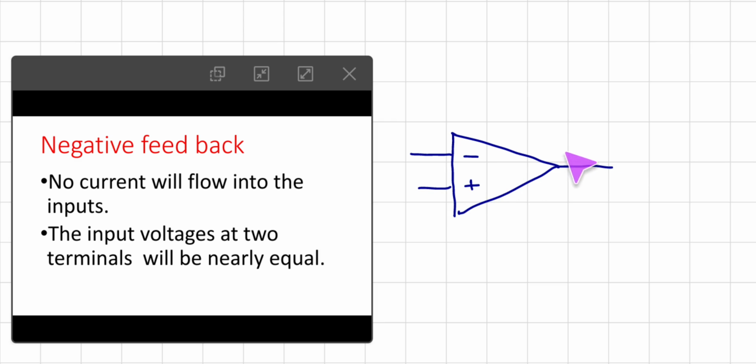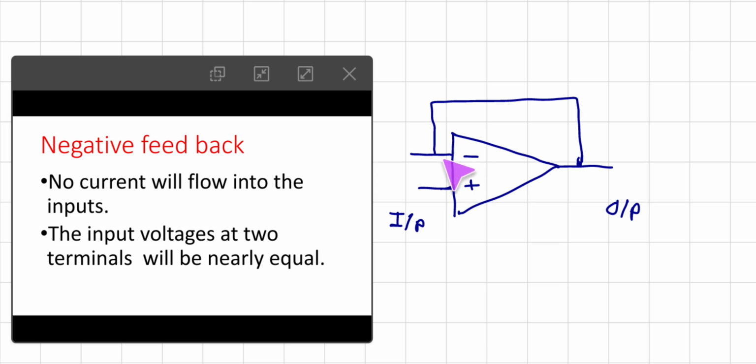This is the input side, this is the output side. Some part of the output is given to the input side, that is called feedback. When this feedback is given to the inverting terminal, it is negative feedback. When this feedback is given to the positive terminal, it is called positive feedback. That you should remember.